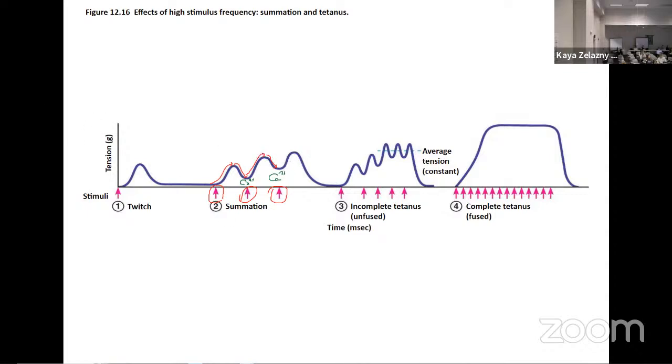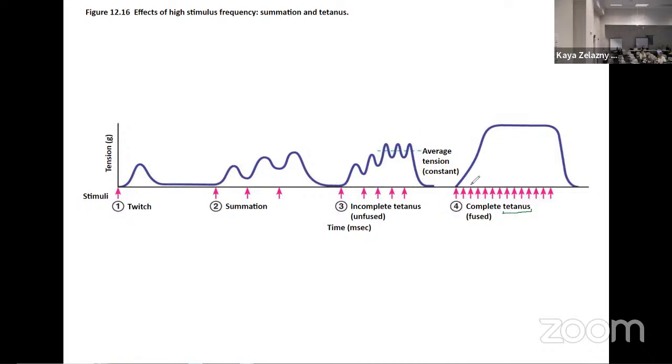Okay. So we talked about summation and treppe, these different responses to the action potentials. Now we can see how tetanus forms. So like locking up the muscle and having it be permanently contracted, rigid and stiff. We can see that that happens as we have action potentials coming in faster and faster and faster and hitting the point where our calcium really is not dropping off.